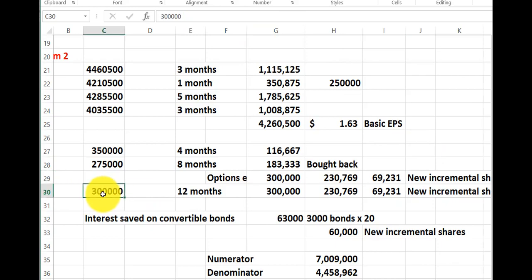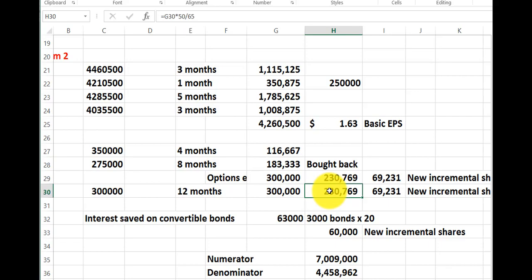That's for options. Now, restricted stock works very similarly. We have 300,000 of unvested shares in restricted stock. Those unvested shares are treated just like options. They are part of the fully diluted, but not part of basic. So for all 12 months, that was the same number. We were given the same value for those as we had for the price of our options.